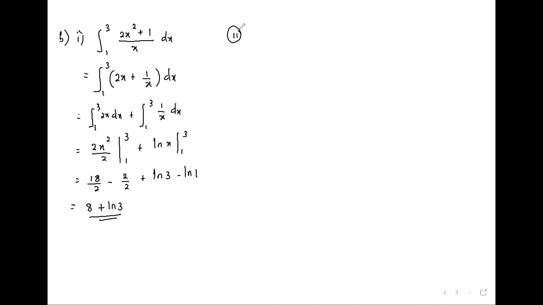Interesting is part 2. From -1 to 2, the integral of 2 over 3e to the power 2x dx. So now that e is in the denominator, what do you do? You start panicking? No. You take it back where it's supposed to be.